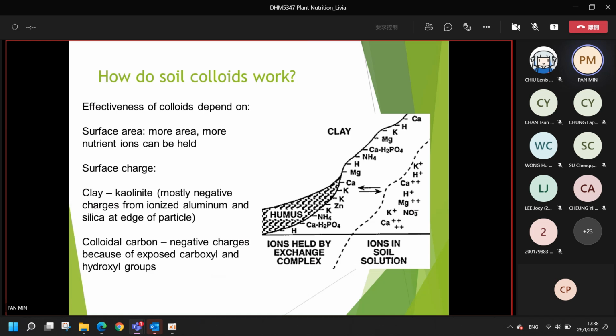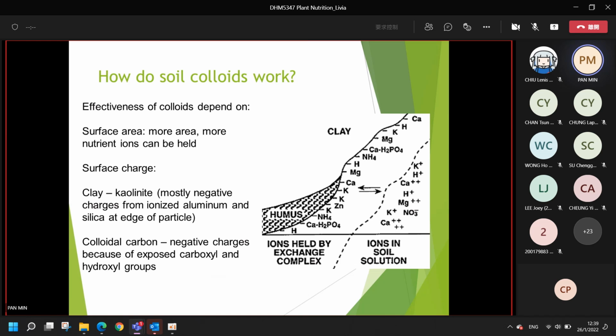So how does soil colloid work? The effectiveness of colloid depends on the surface area. As we said, for kaolinite and montmorillonite, the more surface area, the more nutrient ions can be held.